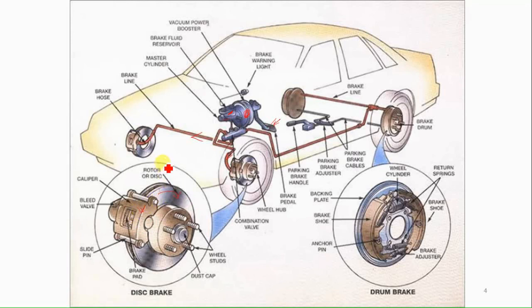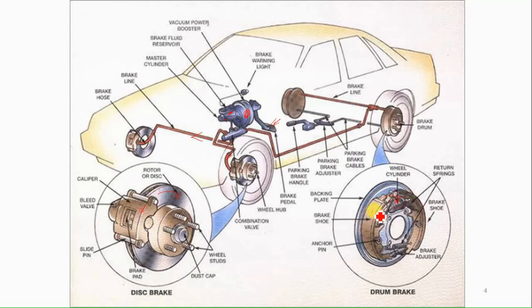Now you can see at the back the rear wheels, and the rear wheel is equipped with the drum brake. These are the brake shoes of the drum brake, and this one is the wheel cylinder. The hydraulic fluid enters this wheel cylinder and operates over the piston.